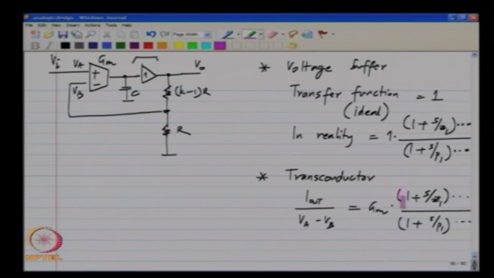I am just showing the transfer functions in a general form. There can be extra poles in the transconductor, there can be extra poles in the buffer.